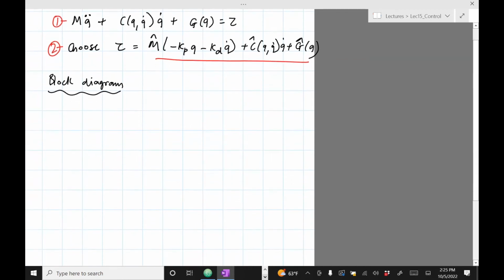Okay, so the heart of the block diagram is the system dynamics. I'm going to use a shorthand notation. I'm just going to ignore the things in the bracket. And from this will spring out Q and Q dot.